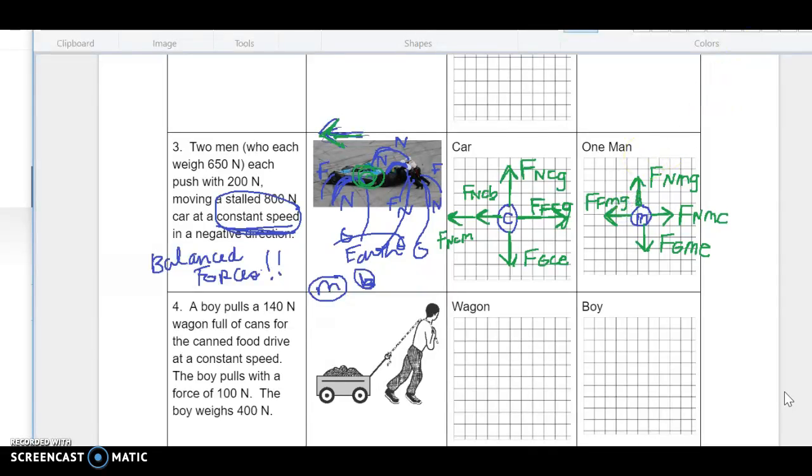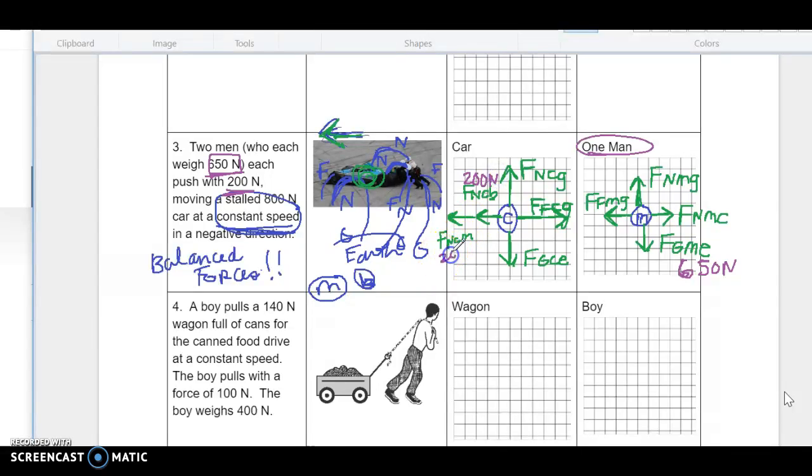Okay, so let's see what numbers we've got. 2 men who each weigh 650. So I go to the man's diagram. He weighs 650 newtons. That's his force of gravity. They each are pushing 200 newtons, so I go here where I see their pushes.